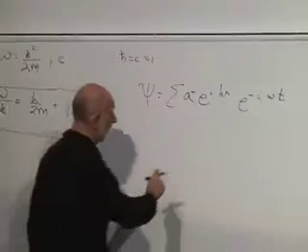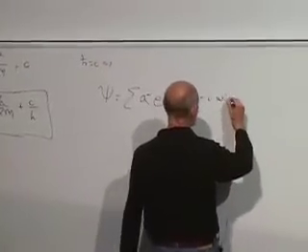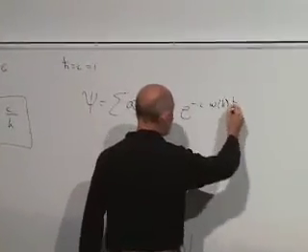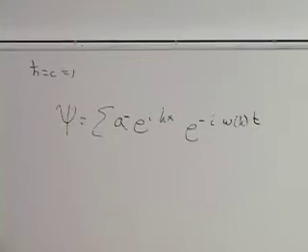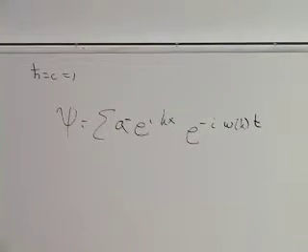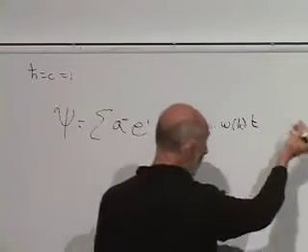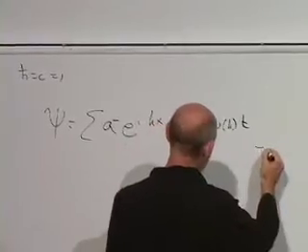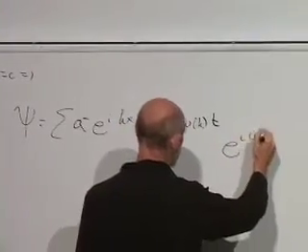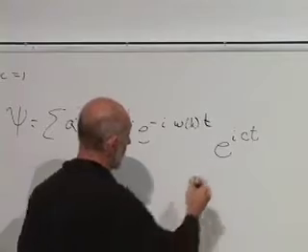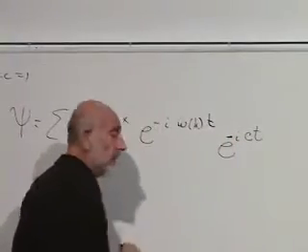So let's write omega of k. Now supposing I add to omega just this constant c, what does it do? It multiplies into each one of these waves e to the minus ict.